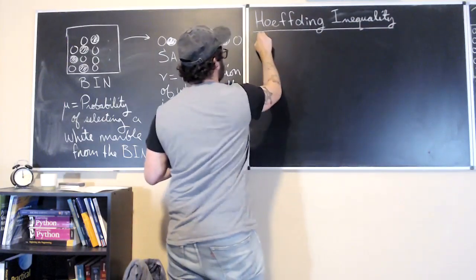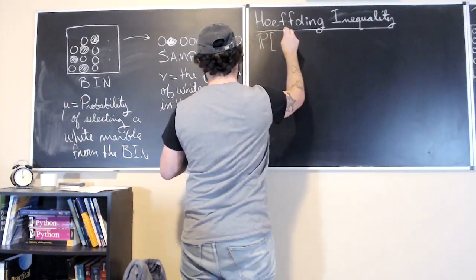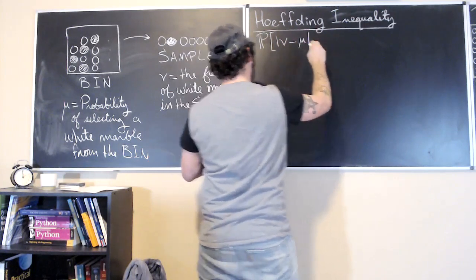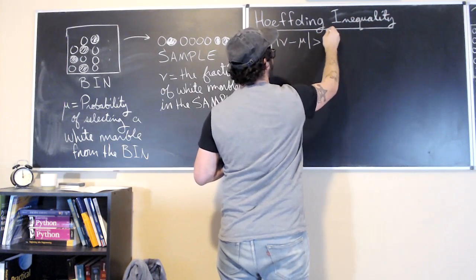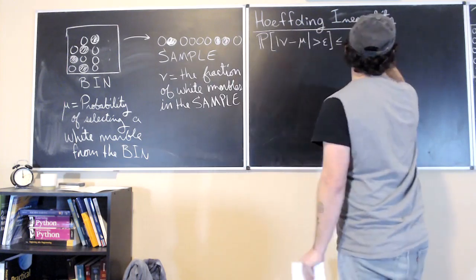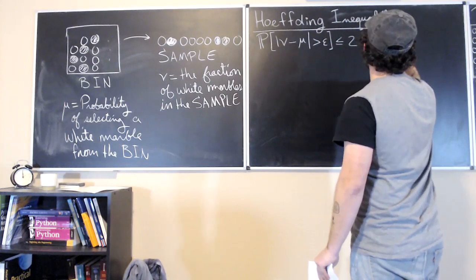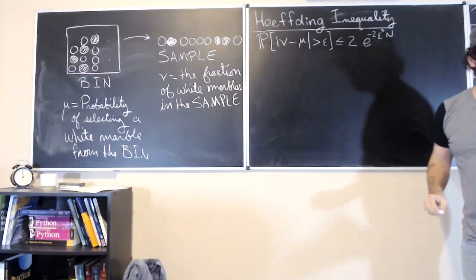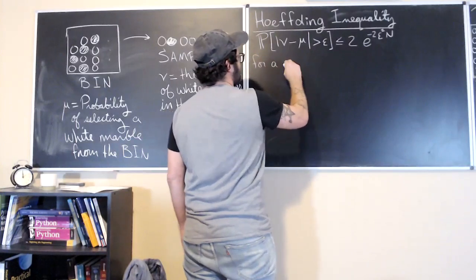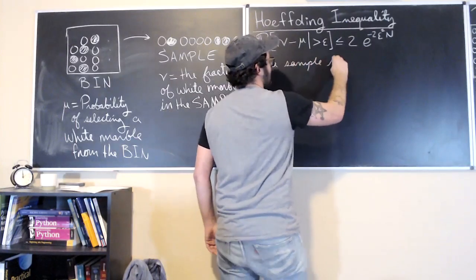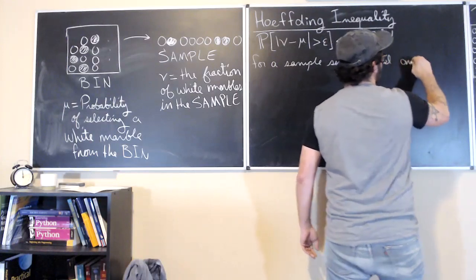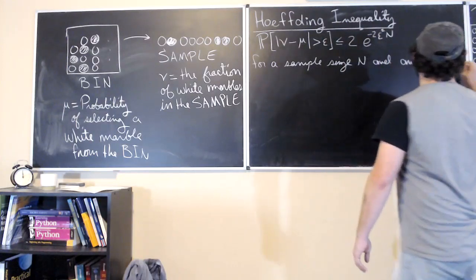And it states that the probability of the distance from nu to mu being greater than epsilon is at most 2 times e to the power -2 epsilon squared times N, for a sample size of N and any epsilon greater than 0.